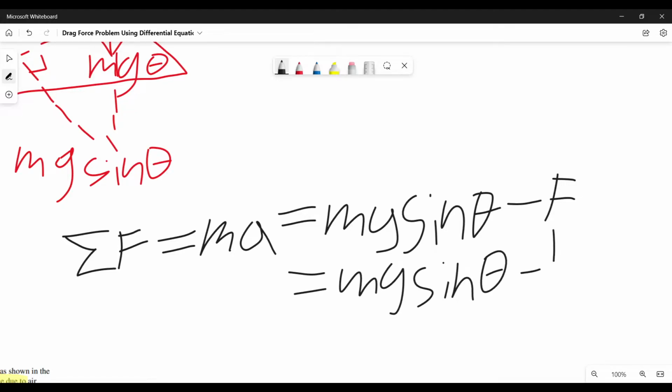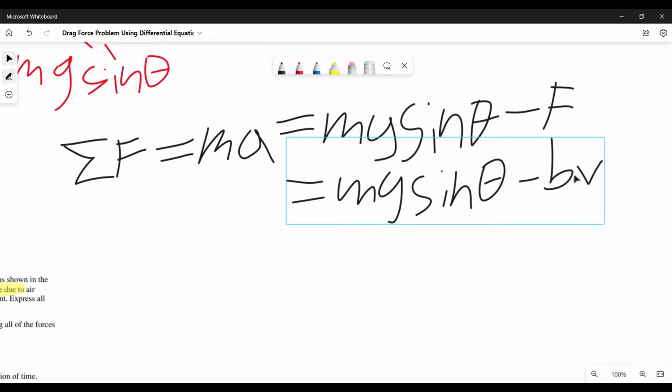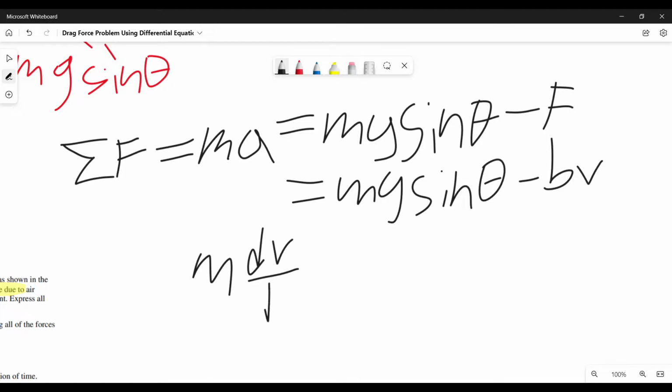And of course, bv is defined for us by the problem, so we'll just go along with that. But since we have a velocity-dependent drag force, we cannot assume constant acceleration. Therefore, we need to write m dv/dt, because dv/dt is the rate of change of velocity with respect to time. There we go.